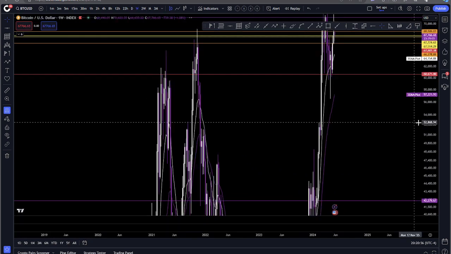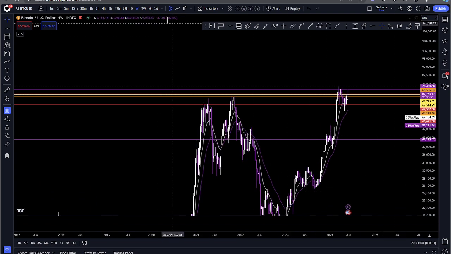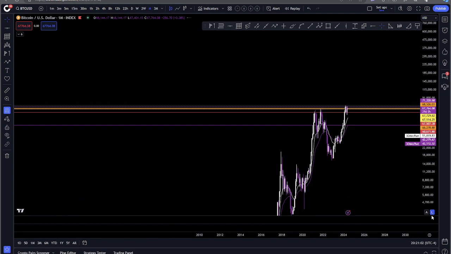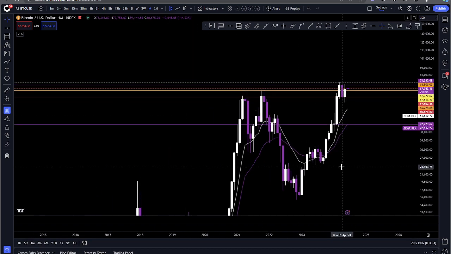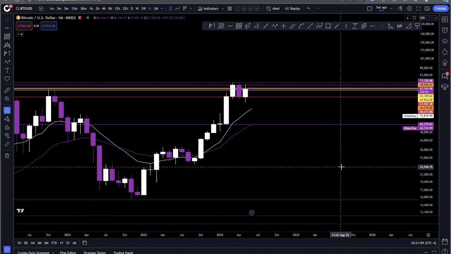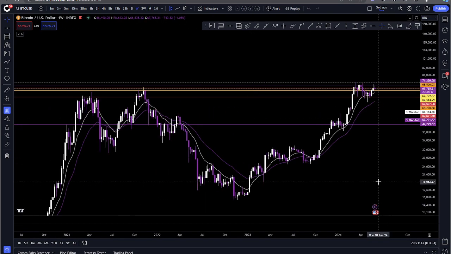But before we do anything else, I want to back out a little bit here. It's also important to understand contraction phases and trend phases when you're trading. Starting on my weekly, what are contraction phases? They're just sideways, boring movements.